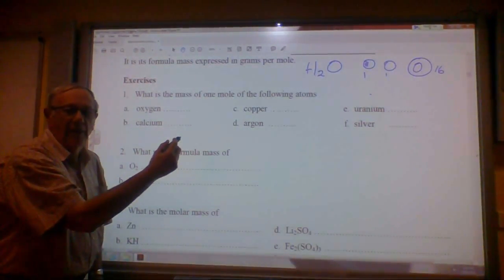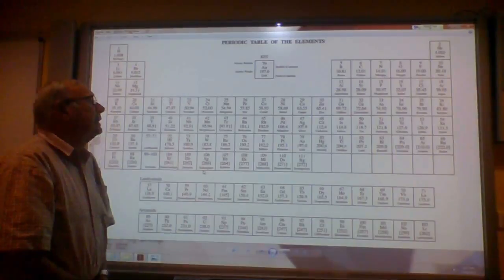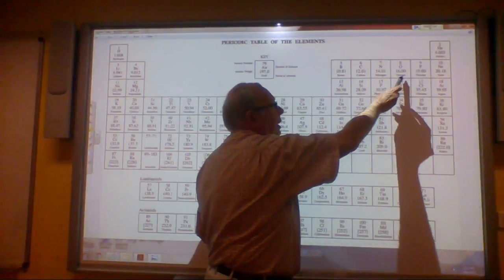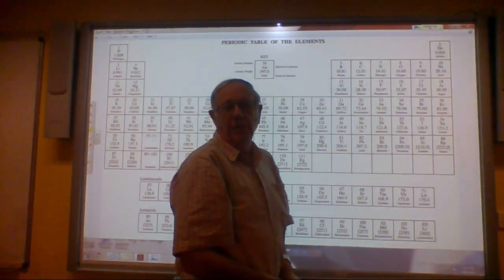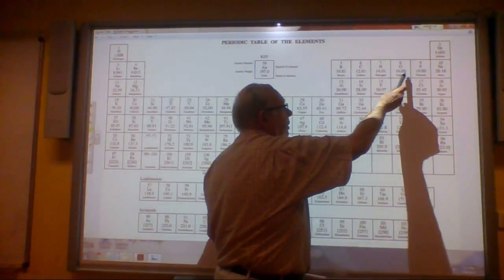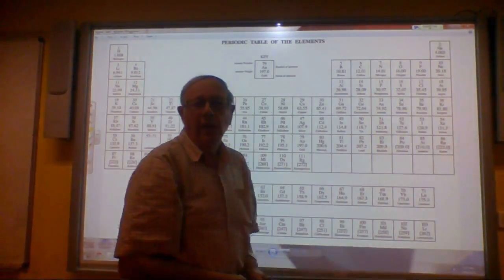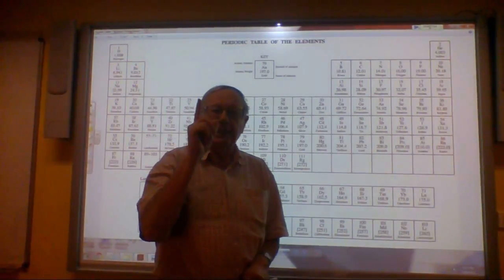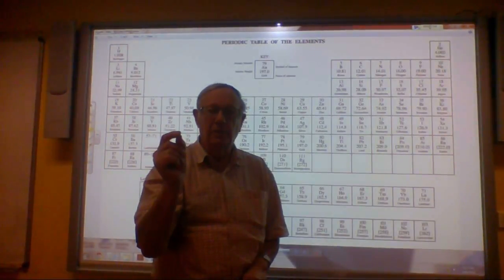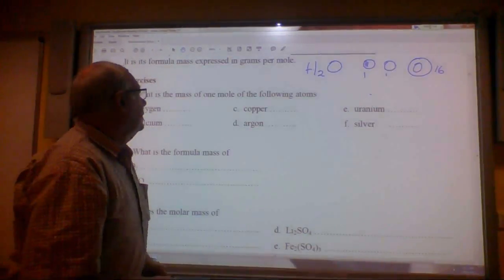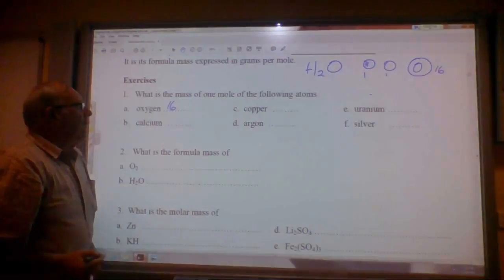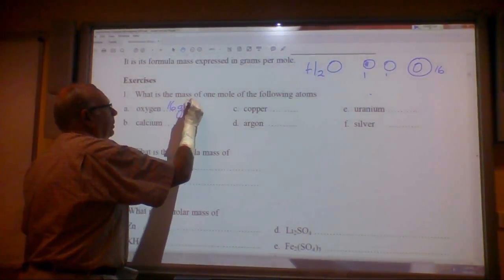So let's go now and have a look at the periodic table. So now I've got up here the periodic table, and I don't know if the screen allows you to see that up here this says 16. So that is the atomic mass of oxygen in atomic mass units. So the mass of 1 mole is 16 grams. So let's write that down. So here we write 16 grams per mole.